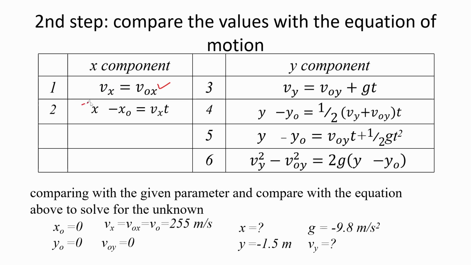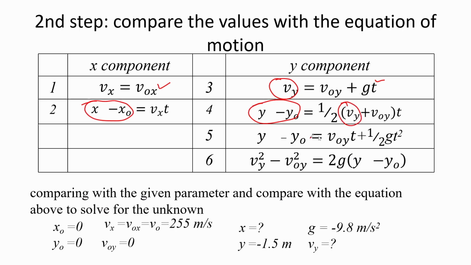X minus x naught, we don't have this. The next one is Vy is equal to V naught y plus gt. Vy is the unknown, we need the unknown. However, we don't know Vy. We have this y minus y naught, the height. Vy, again, we don't have this.